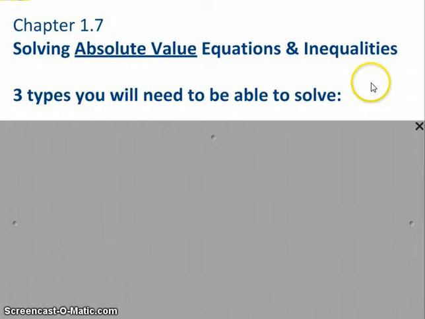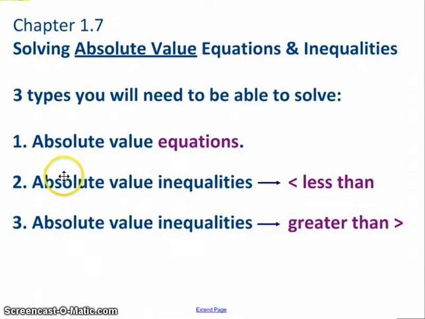So I would recommend that you consider reading page 49, the page right before this section, as well as that first goal at the top of page 50 to make sure that you're confident of what it is that we're talking about. But we're going to focus in this video on these three types. Absolute value equations, as I've already said, plus two different types of absolute value inequalities.